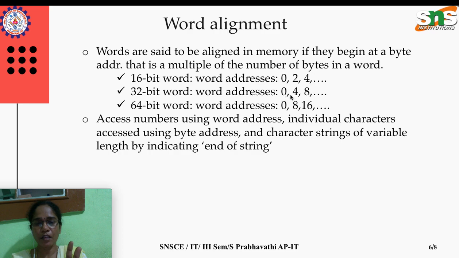Then 2 represents the second word, whose size is 16 bit or 2 byte; 16 bit is nothing but 2 byte. Similarly, the arrangement differs for a 64 bit word. This is how the word alignment varies, with computer systems configured for variable word sizes of 16 bit, 32 bit, 64 bit.